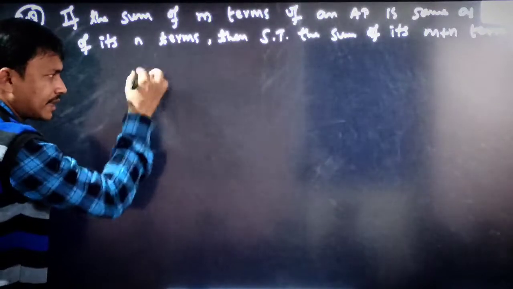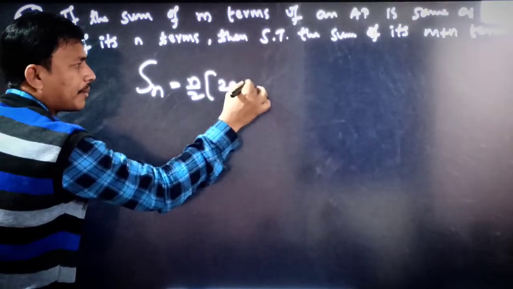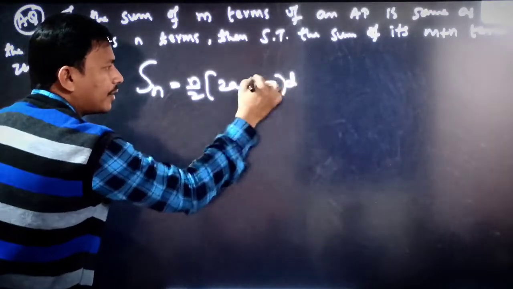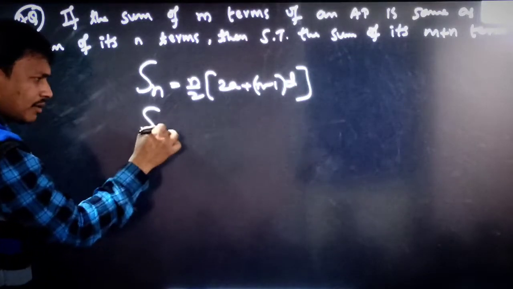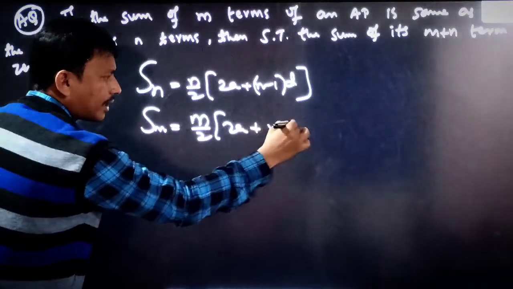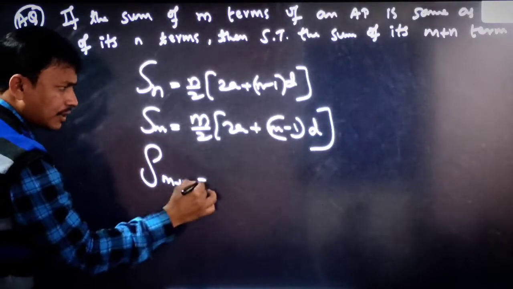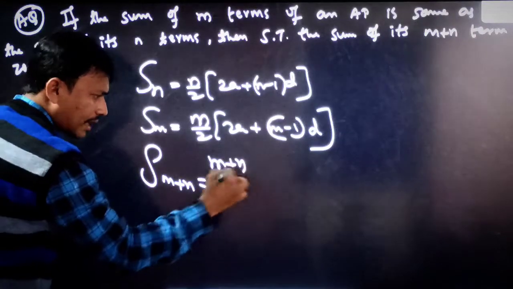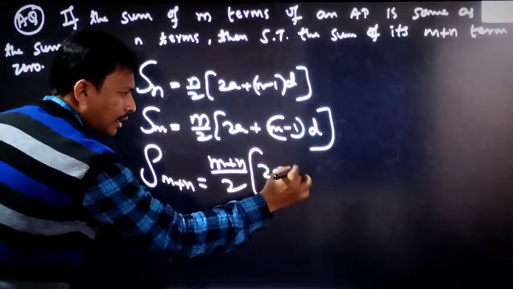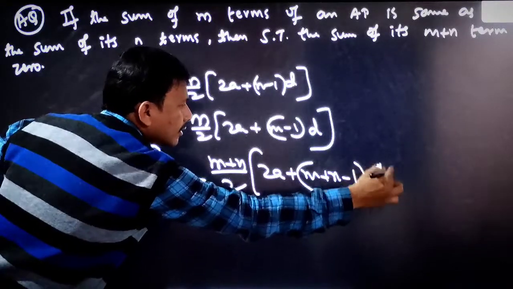Sum of n terms, Sn is equal to n by 2 in bracket 2a plus n minus 1 into d. Sm is equal to m divided by 2 in bracket 2a plus m minus 1 into d. Then S(m+n) is equal to m plus n divided by 2 in bracket 2a plus m plus n minus 1 into d.